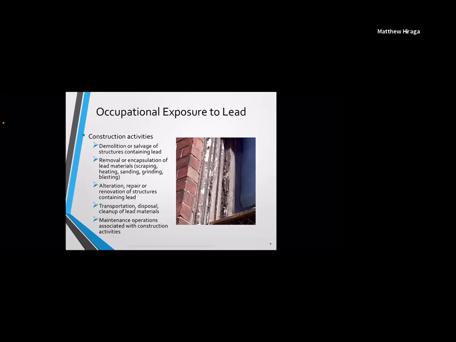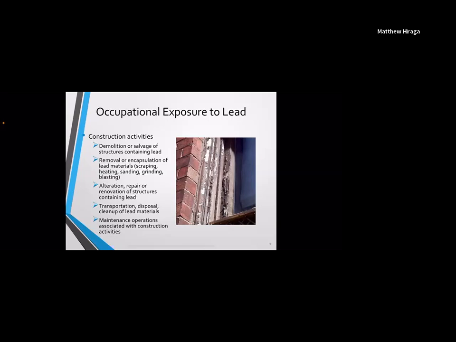Now, you see that when they mention this bullet point. In addition to taking just this OSHA lead course, it is recommended that you take a lead RRP, renovation, repair, and painting of lead surfaces, so that you understand how to do paint chip sampling. You understand how to take a sample using a lead check test kit.